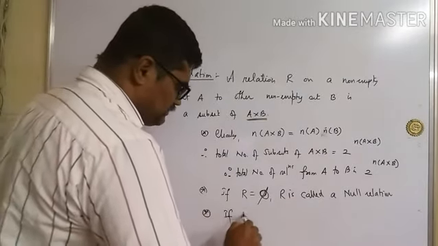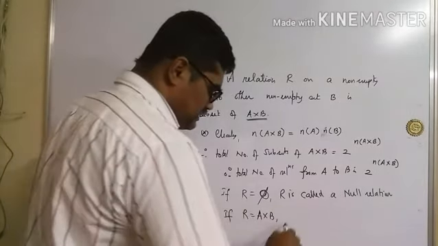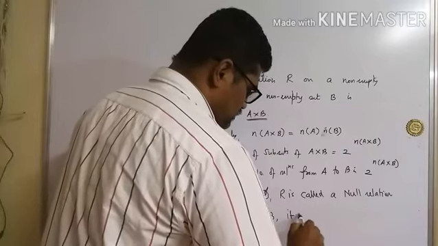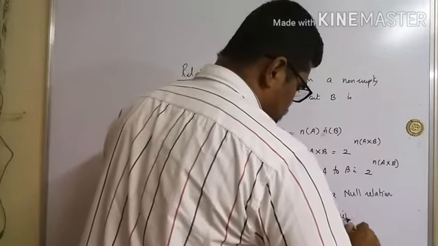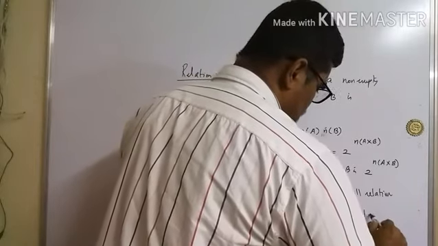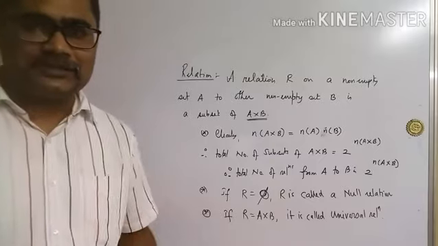And if R is the complete set A cross B, it is called the universal relation.